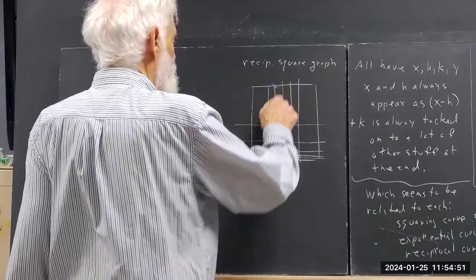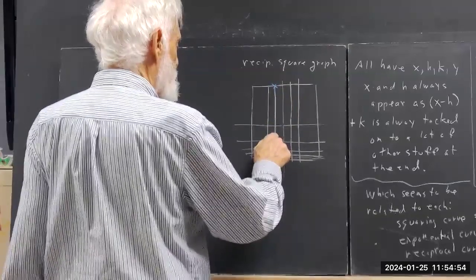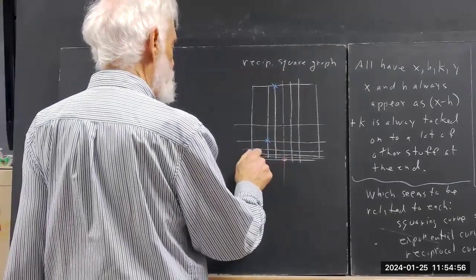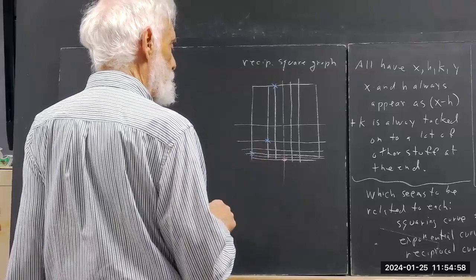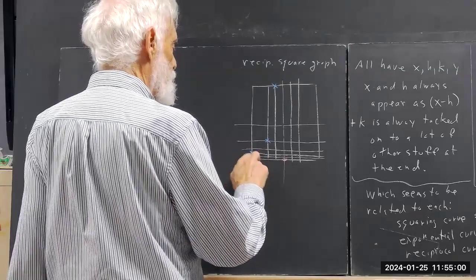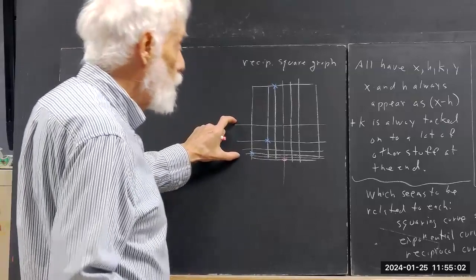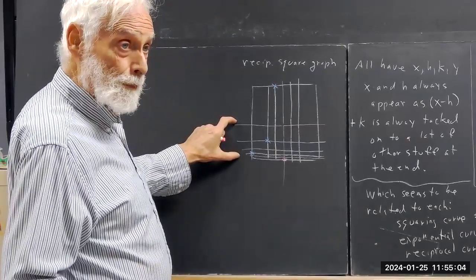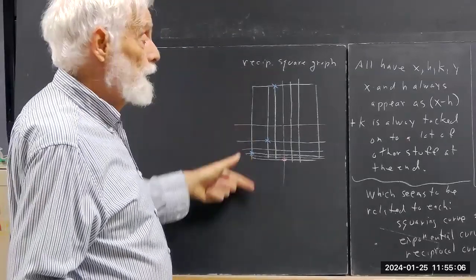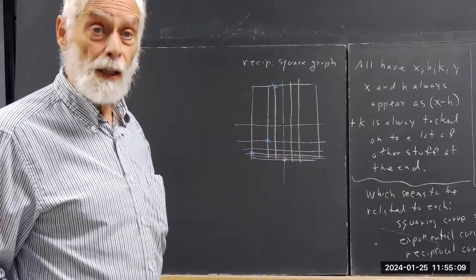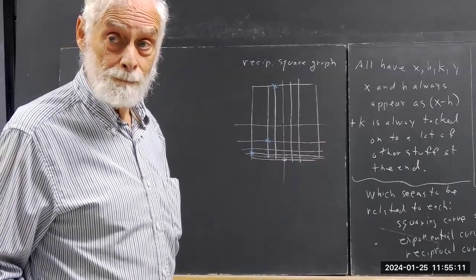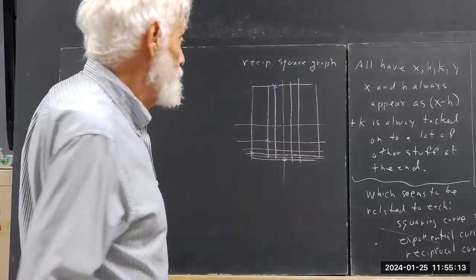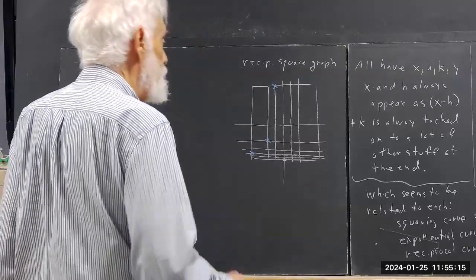Then we go down and over 1, down and over 1. Turns out we don't need this last line, so really we only need 4 horizontal lines for this one. But just do it the way you did the squaring graph. You won't need that last line. If you understand that, you can leave it on.